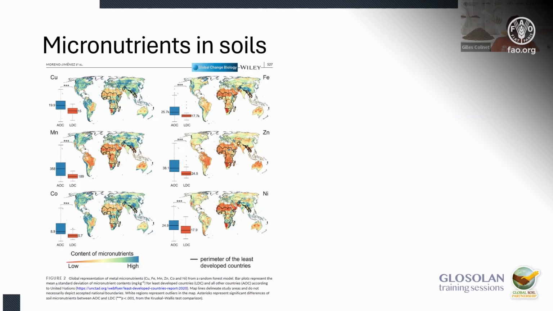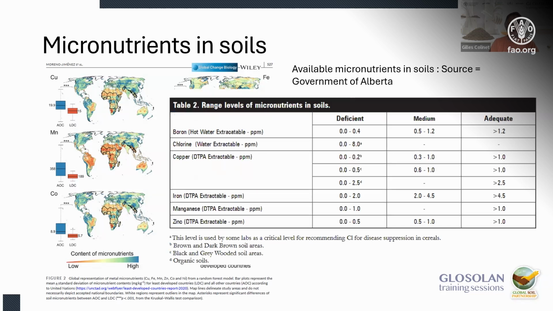I would say that in continents like Africa, it was more difficult. They have lower contents of micronutrients, and not all parts of the world are equal in facing this issue.